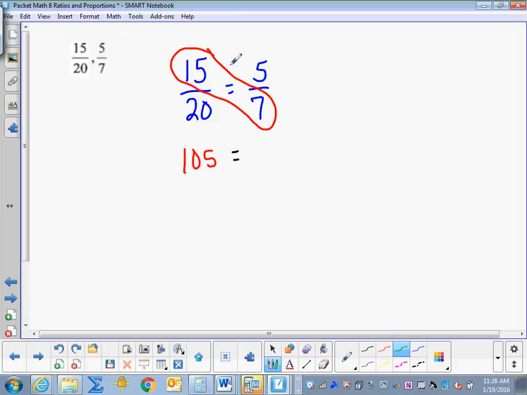And 20 times 5 I know is 100. So 105 is not equal to 100. So this is not a proportion. They're not equivalent fractions or ratios.